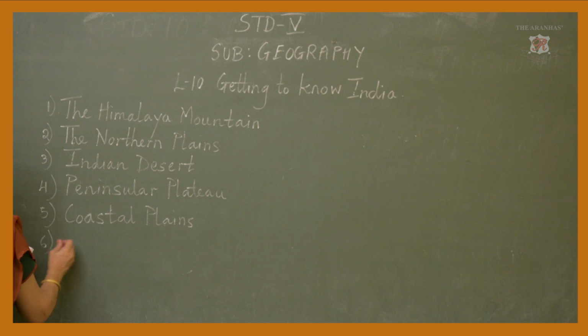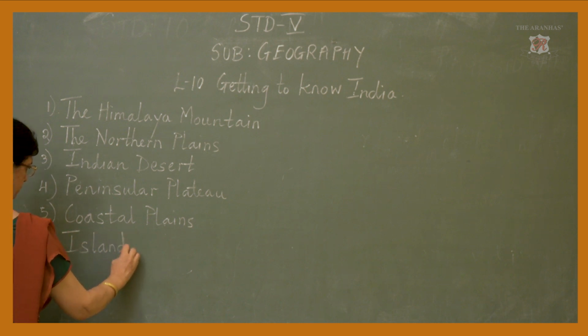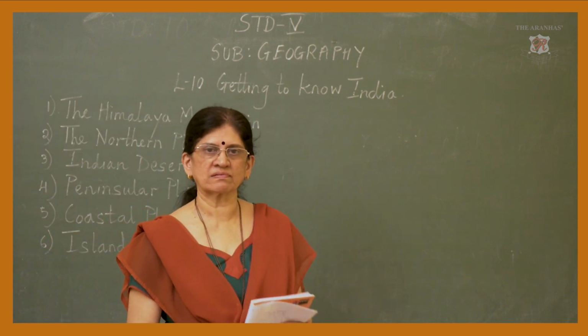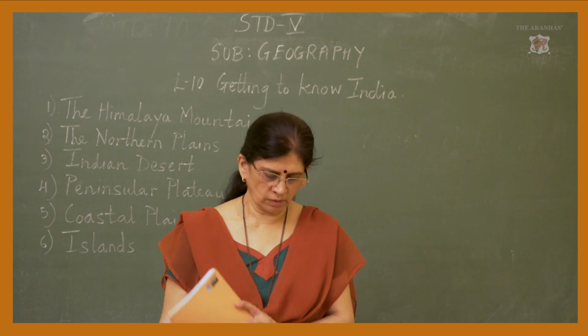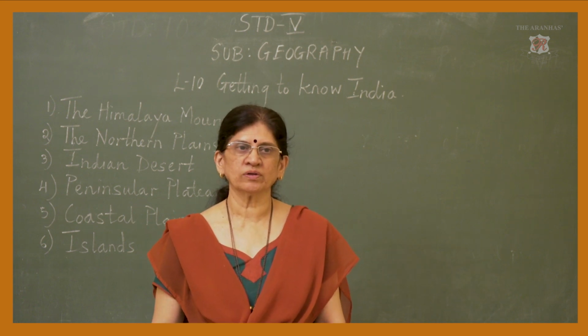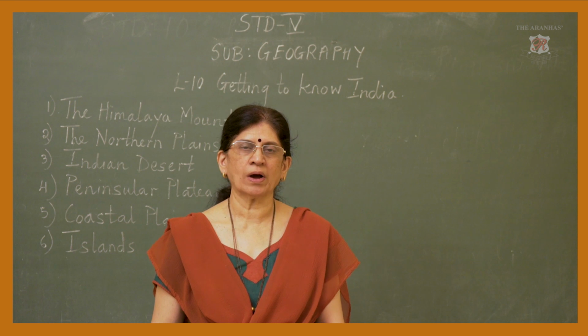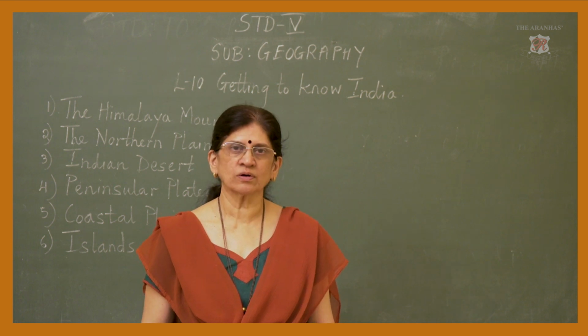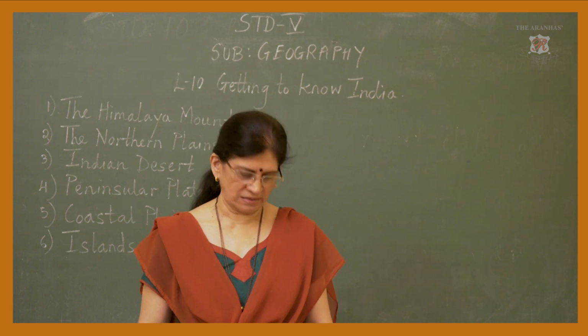And the sixth is islands. Besides this, we have the rivers, lakes, and hills also. In the previous lesson, you learned about the various landforms like mountains, hills, plains, plateau. So, we are going to come across all those in today's lesson.